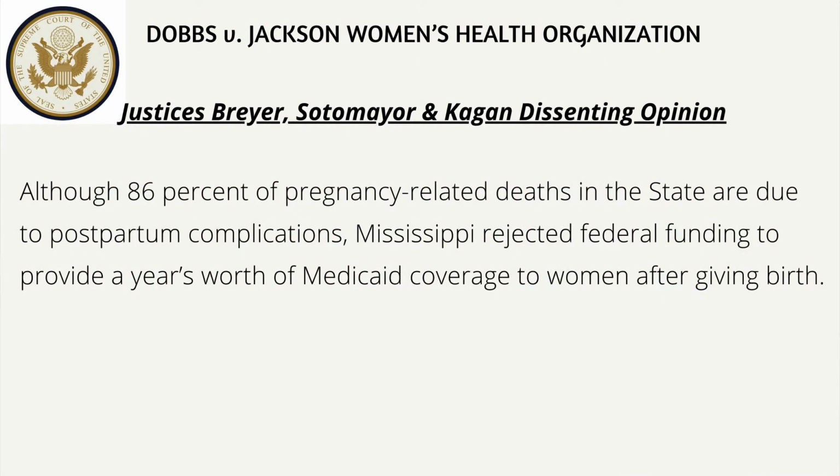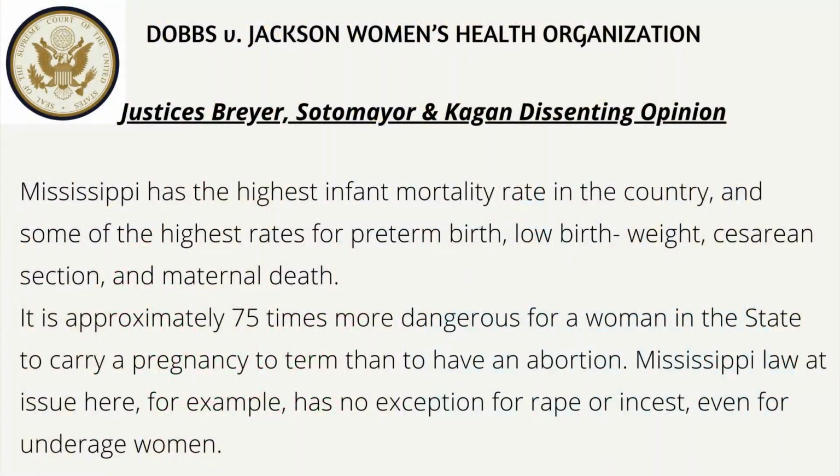Lastly, just a couple other quick points that I thought were important to make. They said that 86% of pregnancy-related deaths in the state of Mississippi are due to postpartum complications, and that Mississippi rejected federal funding to provide a year's worth of Medicaid coverage to women after giving birth, and that Mississippi has the highest infant mortality rate in the country, and some of the highest rates for preterm birth, low birth weight, cesarean section, and maternal death, and that it is approximately 75 times more dangerous for a woman in the state to carry a pregnancy to term than to have an abortion.